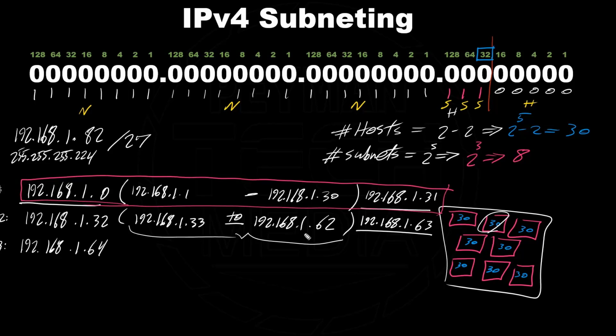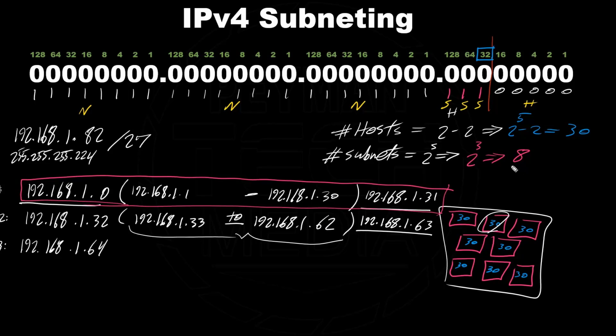So again, remember, with the slash notation of 27, subnet mask of 255.255.255.224, we can have 8 subnets. We can have 30 available IP addresses per subnet.